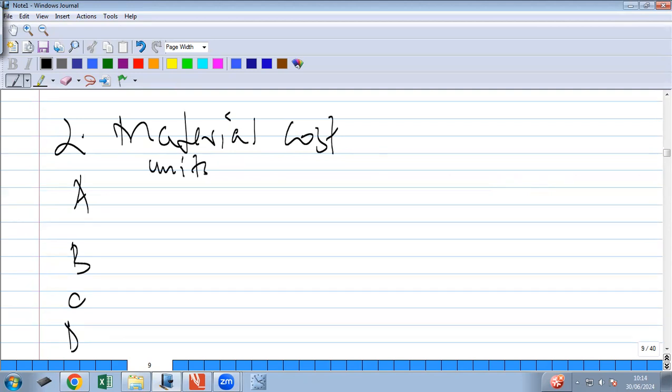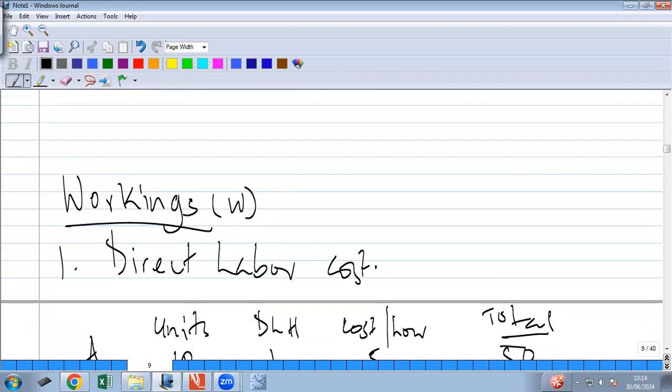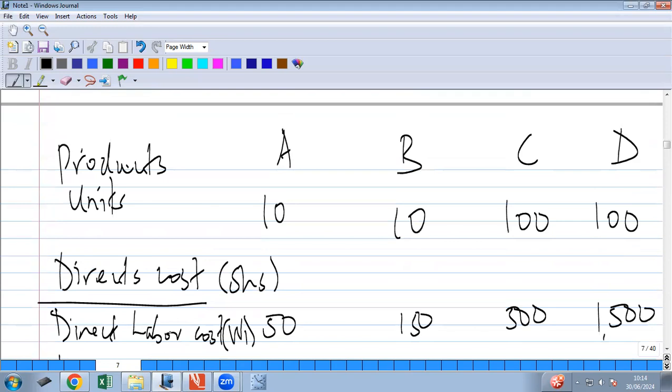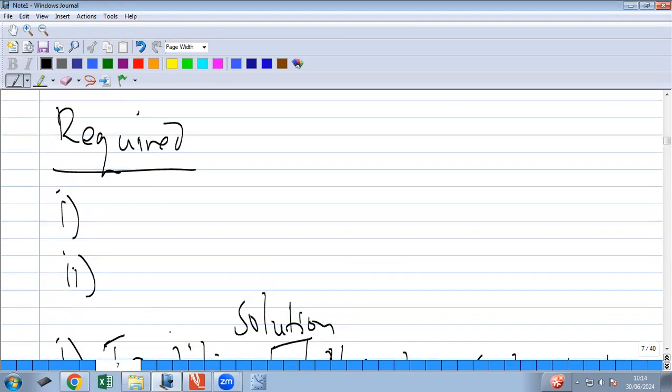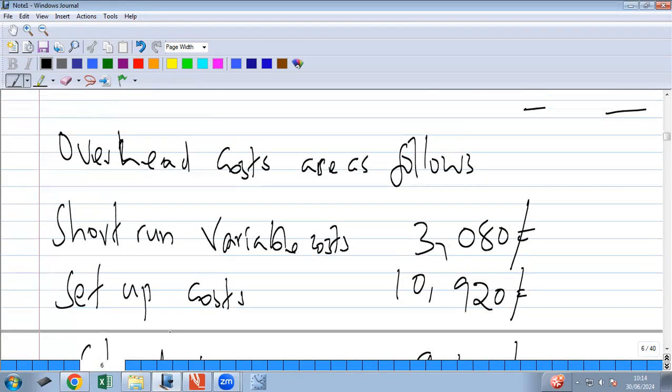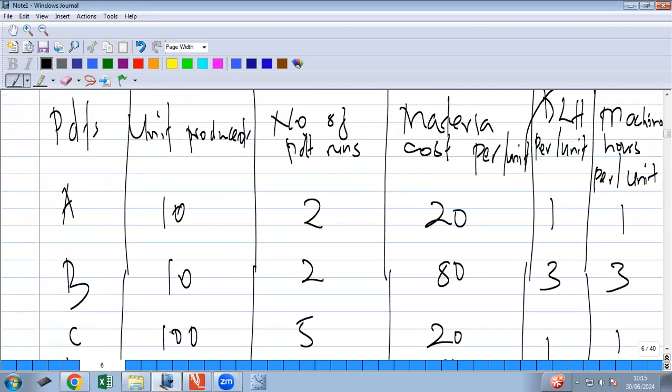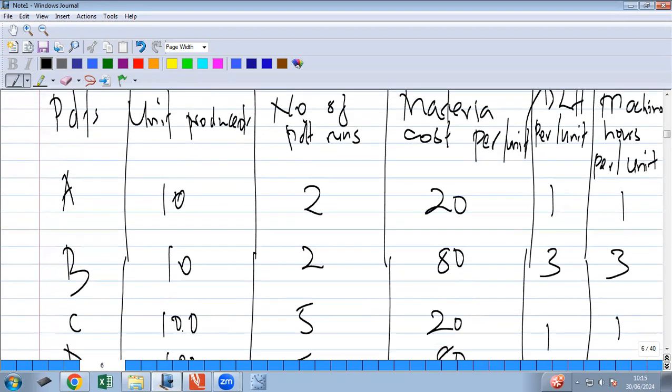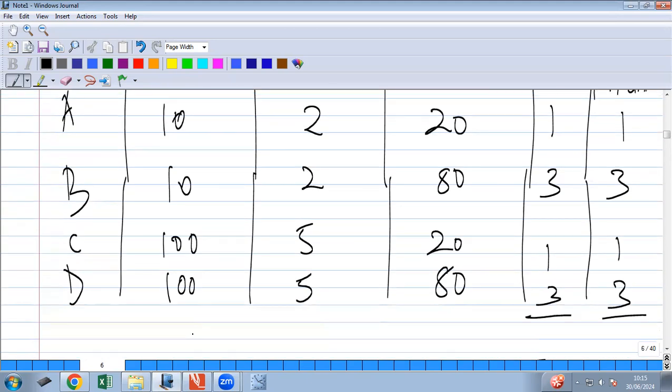How many? 10, 10. Is it 100 or 100, 100? Let us go to the sheet for material cost. Of course, you need material cost per unit, you need 20, 80, 20, 80.